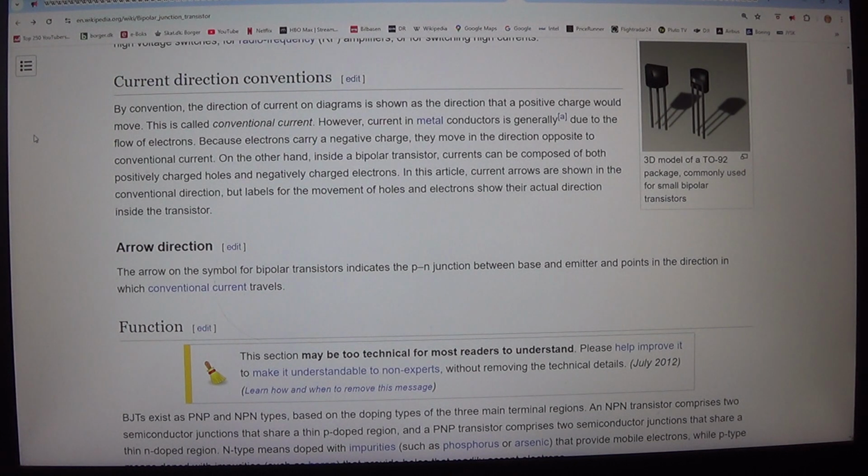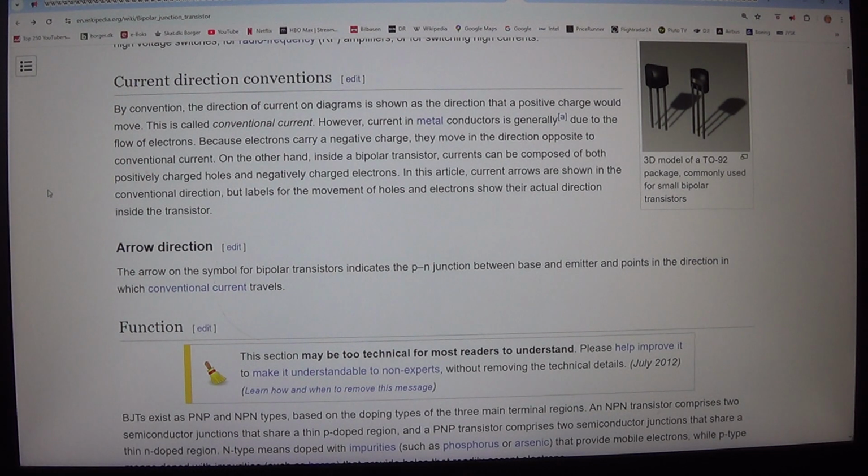On the other hand, inside a bipolar transistor, currents can be composed of both positively charged holes and negatively charged electrons. In this article, current arrows are shown in the conventional direction, but labels for the movement of holes and electrons show their actual direction inside the transistor.